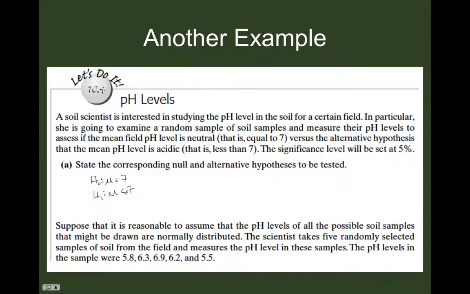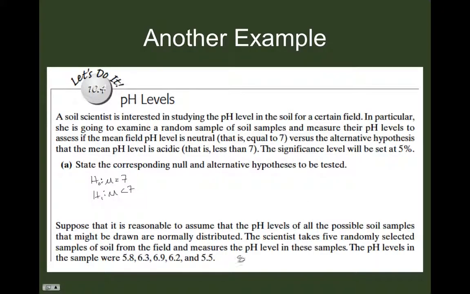Now, suppose it's reasonable to assume that the pH levels of all the possible soil samples that might be drawn are normally distributed. The scientist takes 5 randomly selected samples of soil from the field and measures the pH level. And here's the data. So what do we have here?